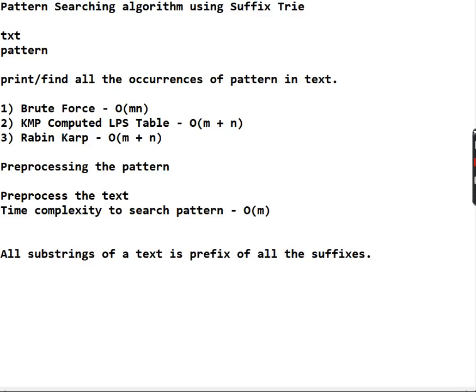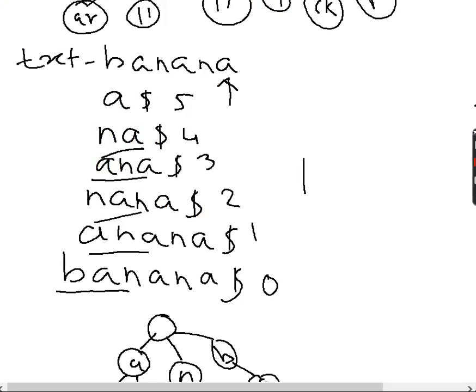So basically, what is a substring? It starts at any index and it ends at any index, right? And the list of suffixes that we have started at index 0, 1, 2, 3, 4. So if there is any substring that is starting at index 2, then it would be a prefix of this suffix, right?